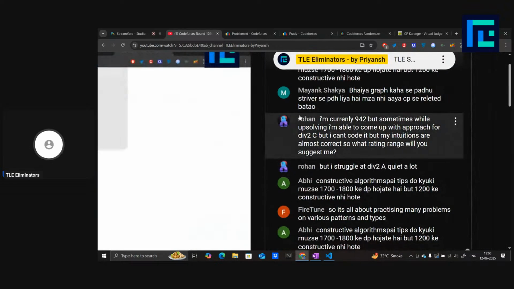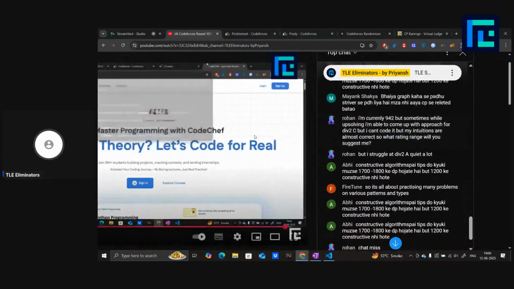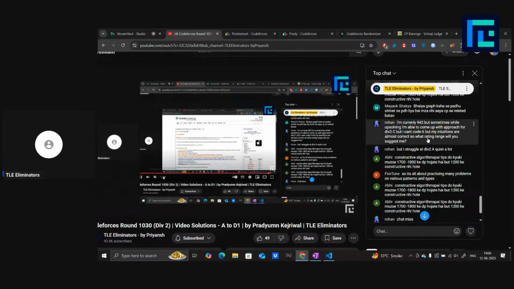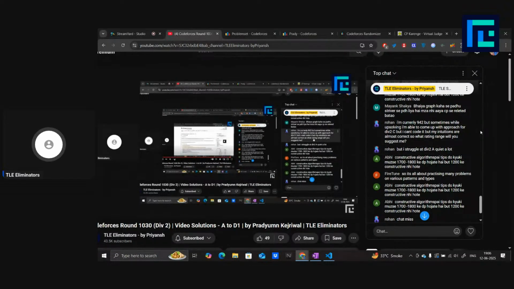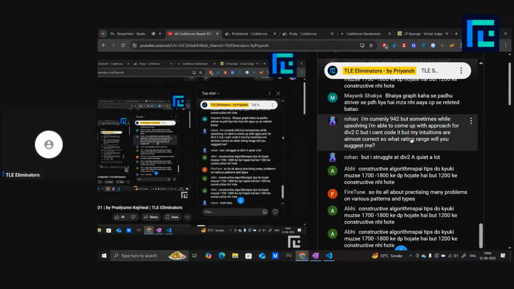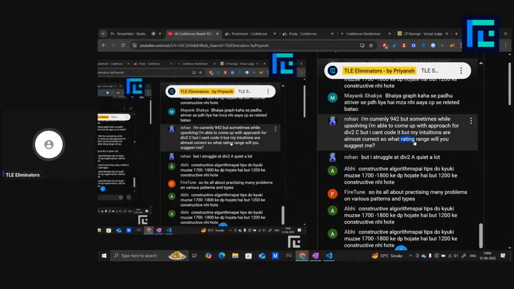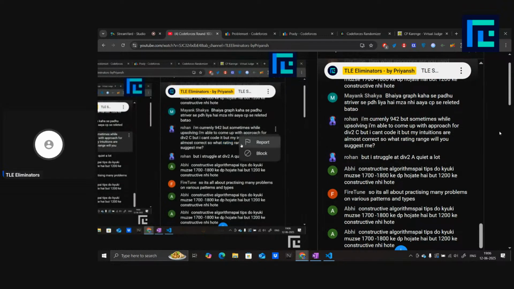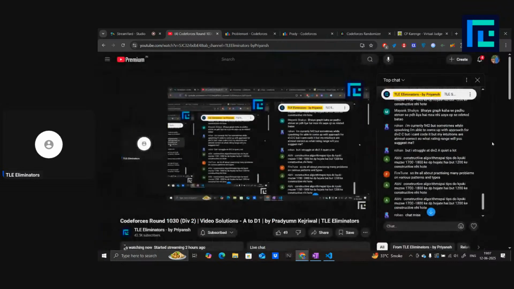Don't go ahead just because you get the intuition. So to determine the rating, find out till what rating you are able to solve comfortably, and after that, start solving one rating above that.